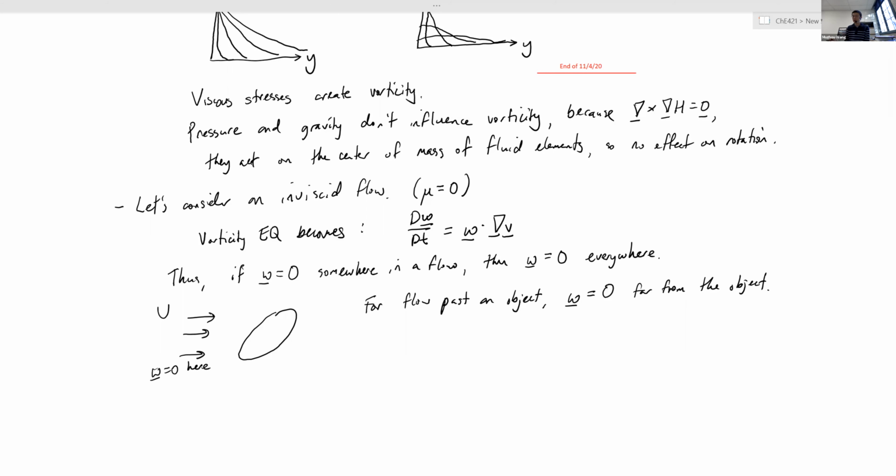Okay? And so what that means is that in inviscid flow, in this flow past an object case, but this is true in many different cases, right? Inviscid flow is the same thing as an irrotational flow, as a flow where vorticity is equal to 0.